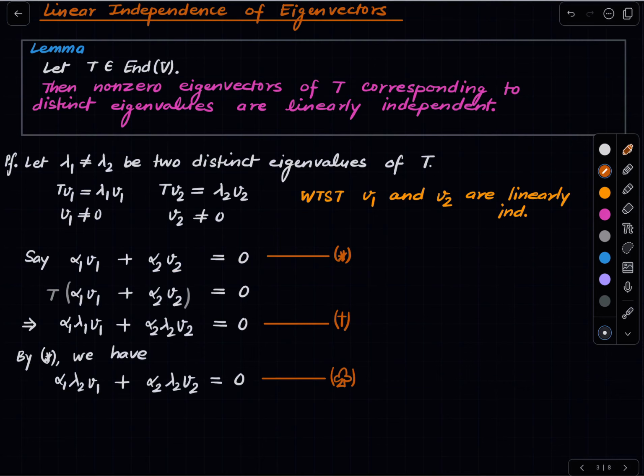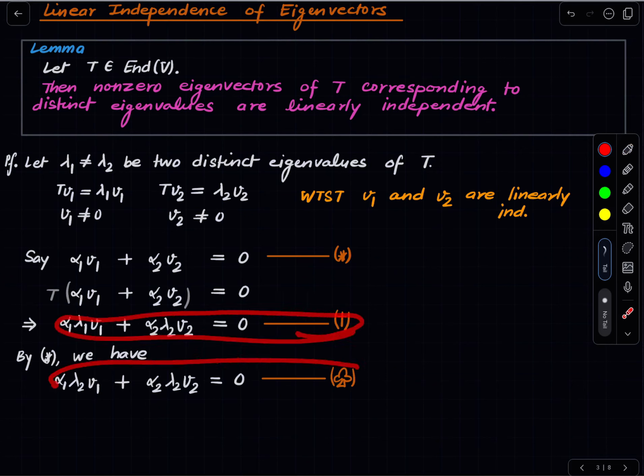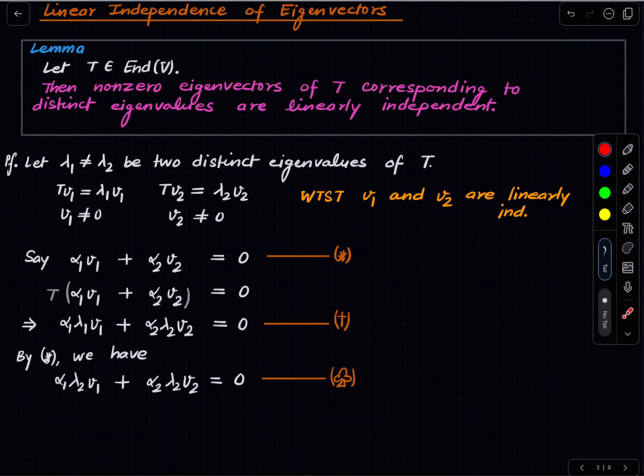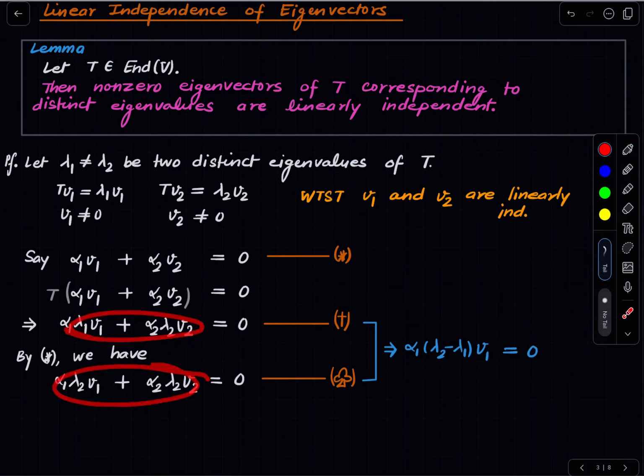By this and that, if we take the difference of these two, what do we get? These two together imply that alpha 1 times (lambda 2 minus lambda 1) times V1 is 0. So just take the difference. This minus this is equal to 0 minus 0, which is 0.